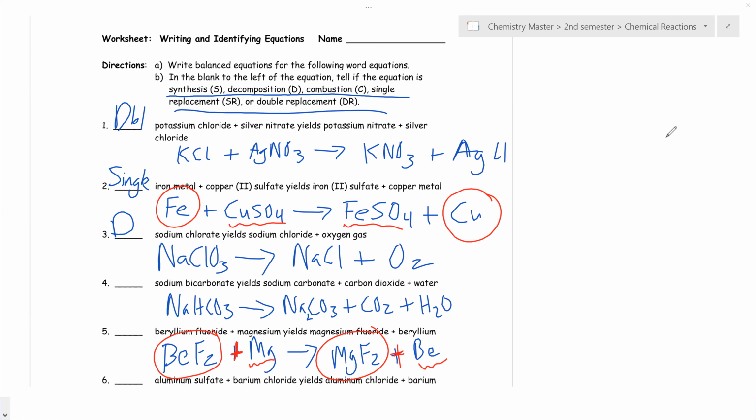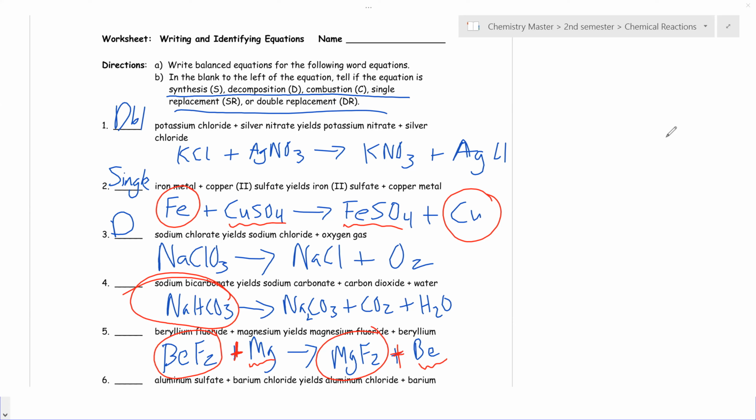All right, what about number 4? And then we're gonna be done. I'll tell you what I want you to do after that. Number 4, look, I have one thing on the left side of the arrow.